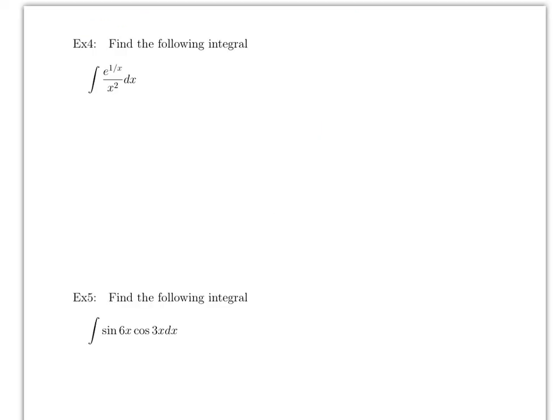The next example, I think I asked you this on the quiz, but just in case. So this is just a basic substitution. So here just let u equal 1 over x, which is the same thing as x to the negative 1. So that means du will be minus x to the negative 2 dx, which is negative dx over x squared, which notice you already have there.